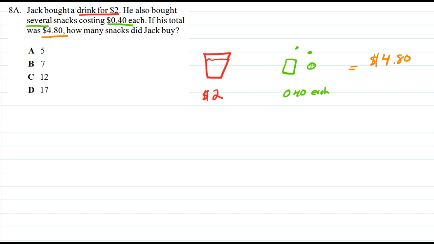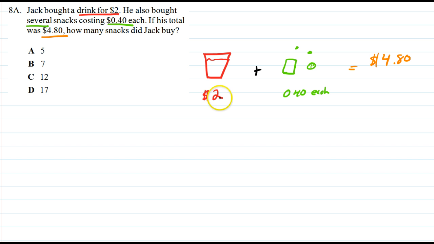So we know that it was $2 plus something, whatever number of snacks he bought for 40 cents each equaled $4.80. So if we think about this, this 2, how much money did he spend on snacks?